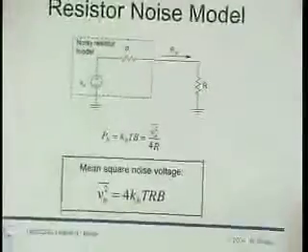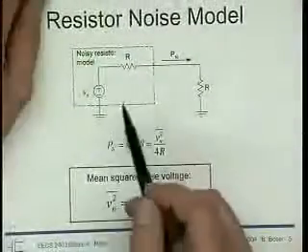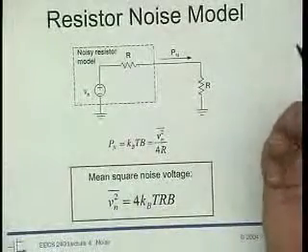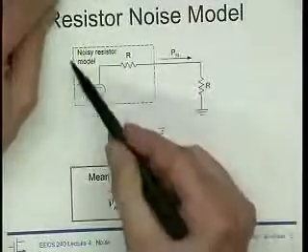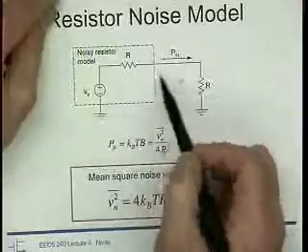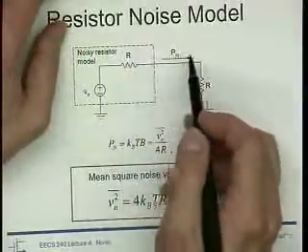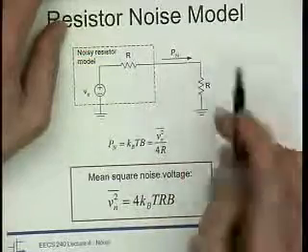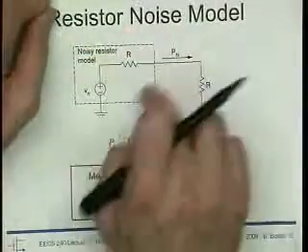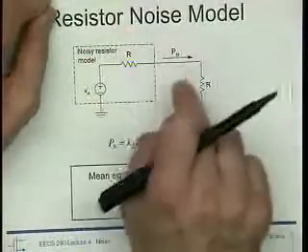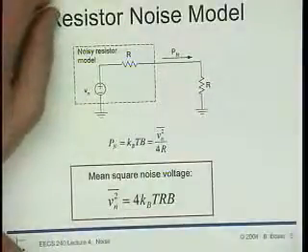So available noise power, or this kTB, simply means, if this is our noisy resistor, that this is the total power, the maximum power that is available for this thermal noise power for this resistor to deliver into some kind of a load.